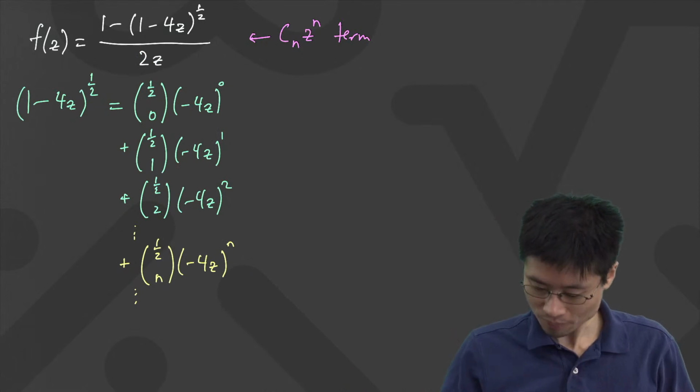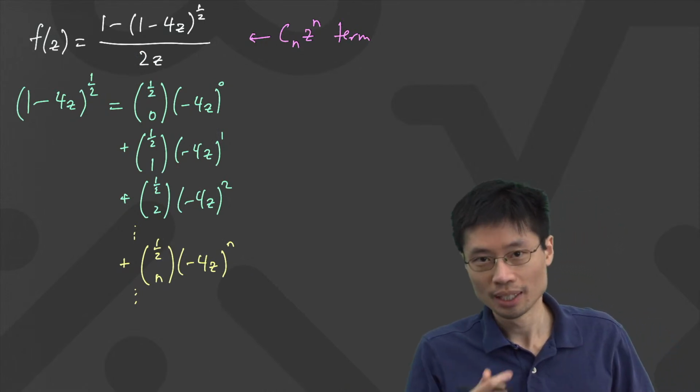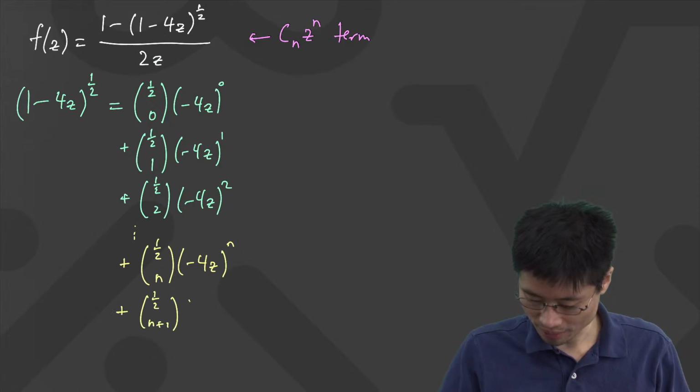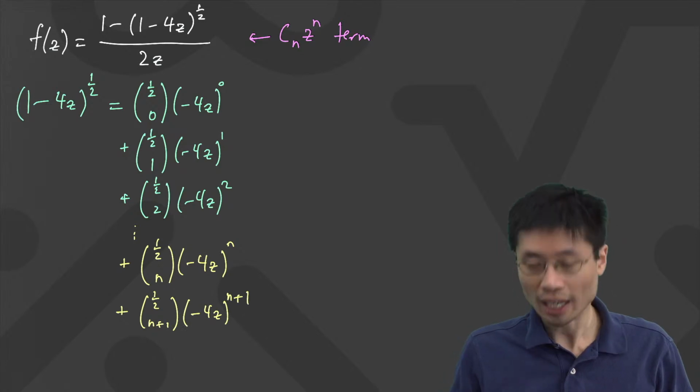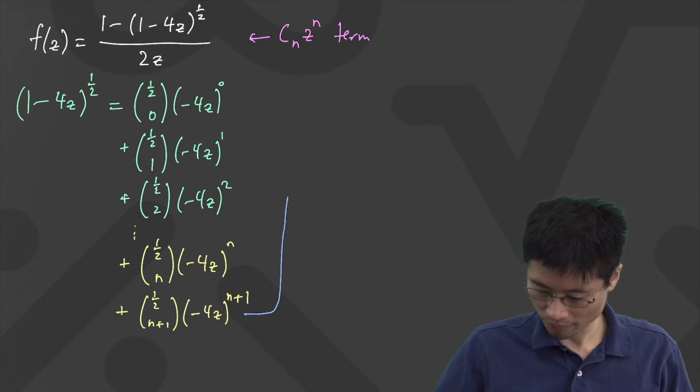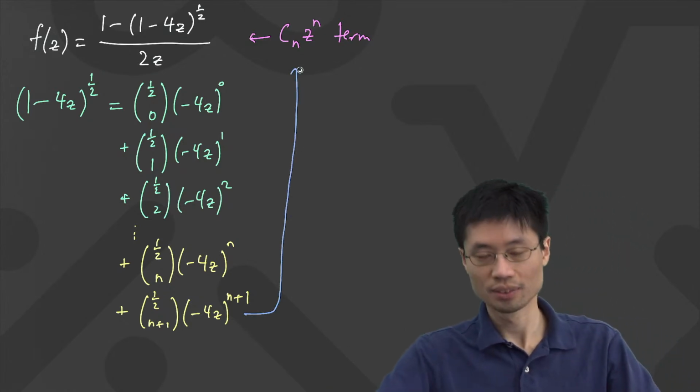Okay? So maybe let's write the next row, just because that's the next one. It's plus this 1/2 choose n plus 1 minus 4z to the power n plus 1, and this particular term goes up into there. Is that clear?